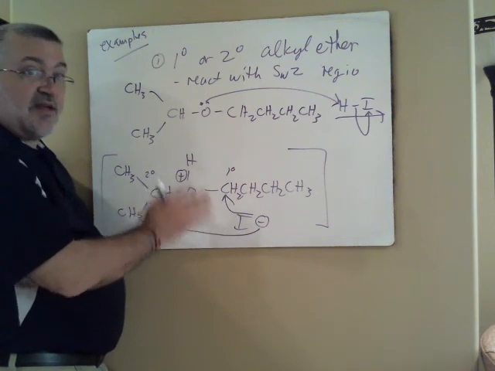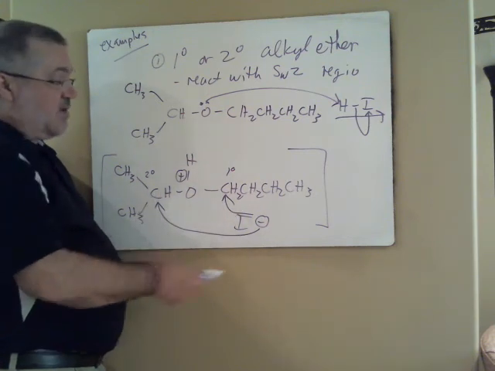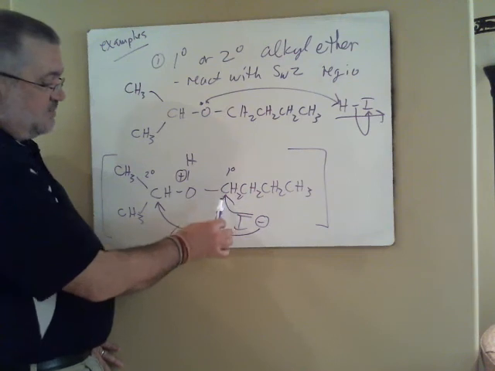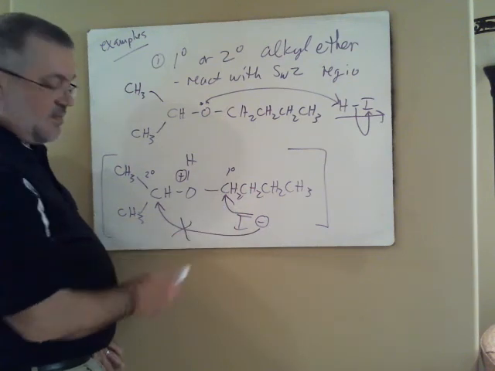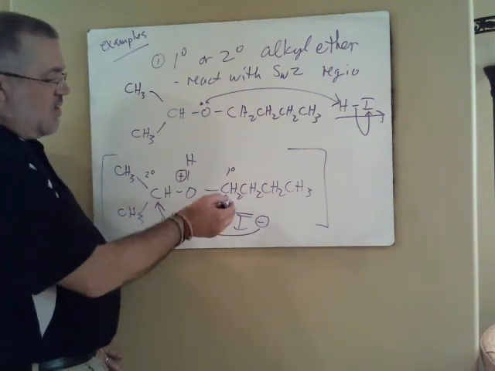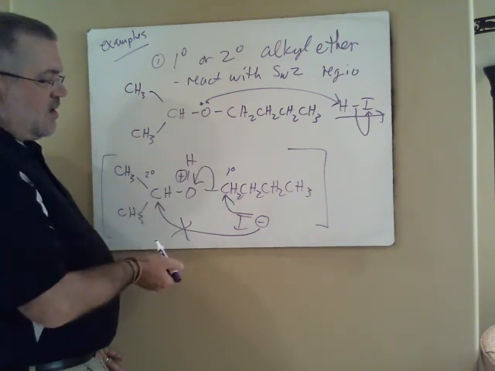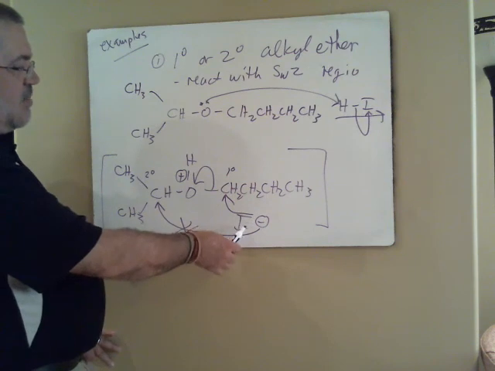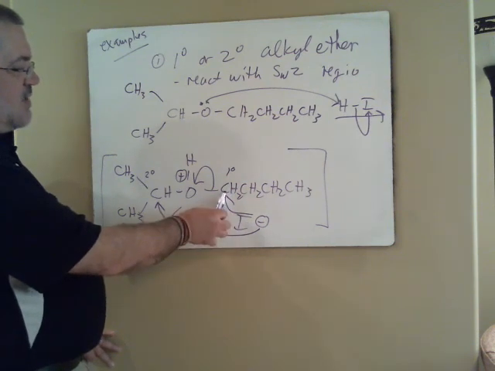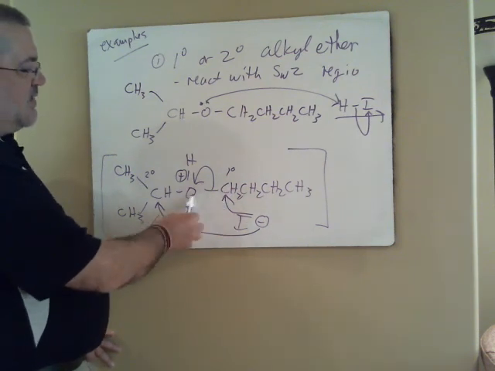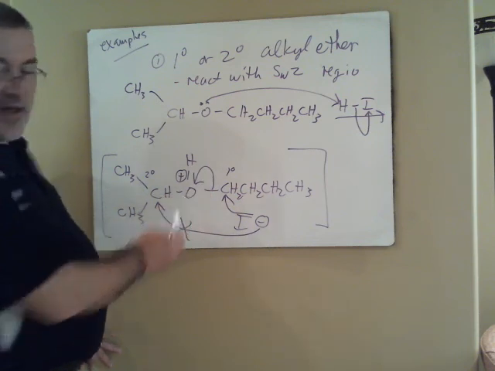SN2 works best with primary alkyl halide. So it reacts here, not here. And when it reacts here, it kicks these electrons out to the O. And so it's forming a new bond between the I and this carbon, breaking this C to O bond, moving these electrons to the oxygen.